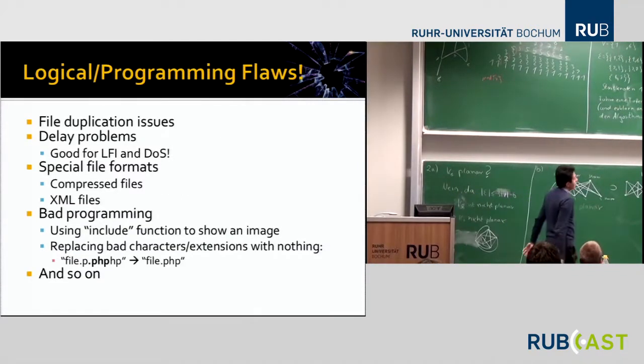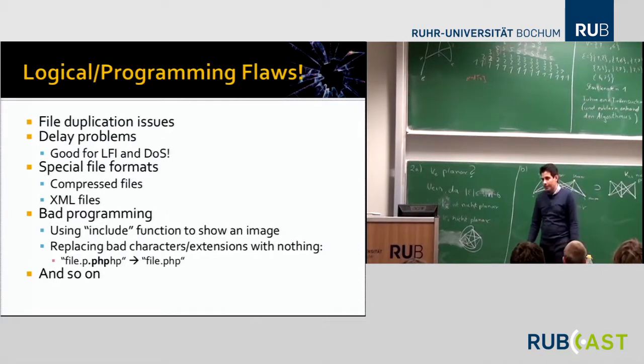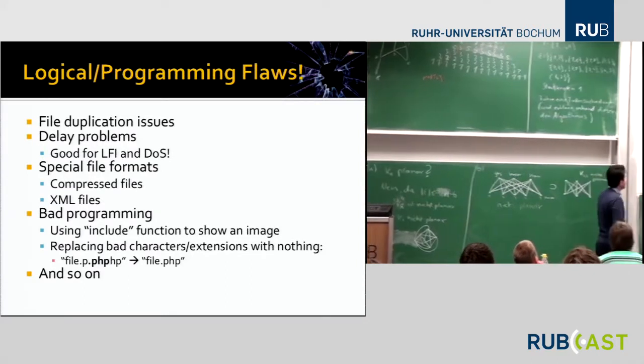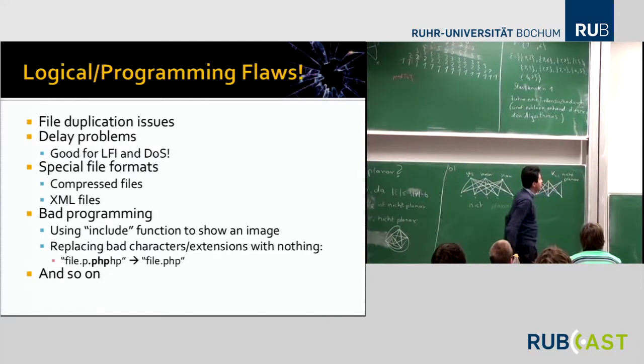Logical programming flaws. Yeah, it always happens everywhere in all of the applications, not just web applications. But in file upload, as I said before, file duplication issues is one of the points where they normally have some logical flaws. And you can look for logical flaws if you have source code or if you're doing black box testing.